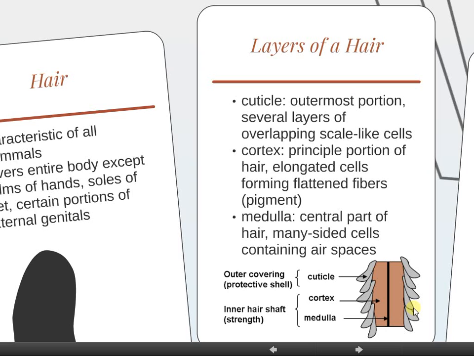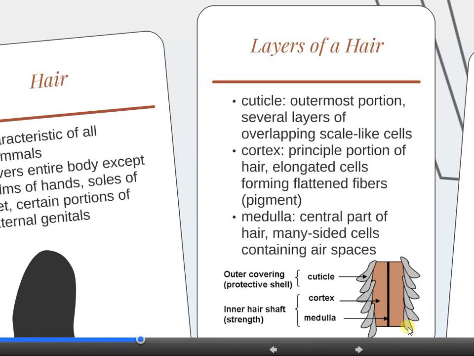The outermost portion is called the cuticle. It's made up of several layers of overlapping scale-like cells. So you can see this outer layer is the cuticle here, cuticle here and here. And again, these have the scales that sort of overlap. If you take one strand of hair and hold it straight out from your head, and you run your fingers along the length of the hair going one direction, it will feel smooth.